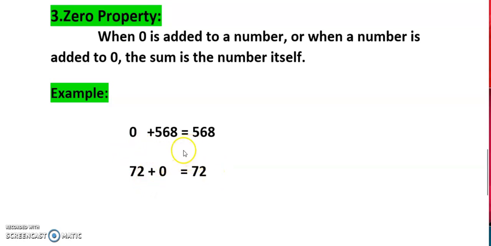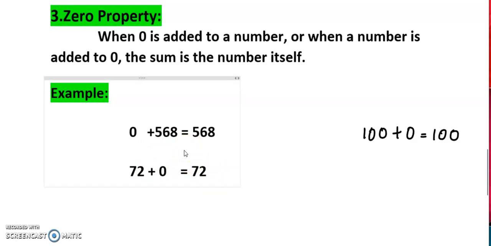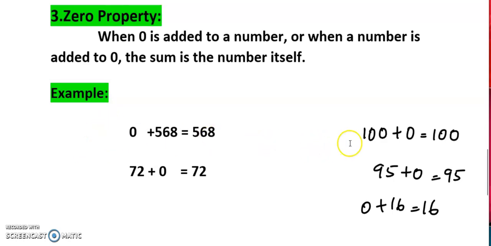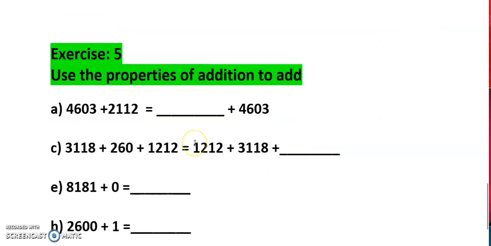Listen here: 100 plus 0 is 100. 95 plus 0 is 95. 0 plus 16 is 16. If you add any number with 0 or 0 is added to any number, you will get the same number itself.